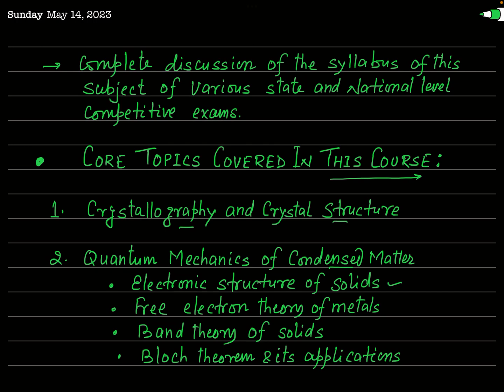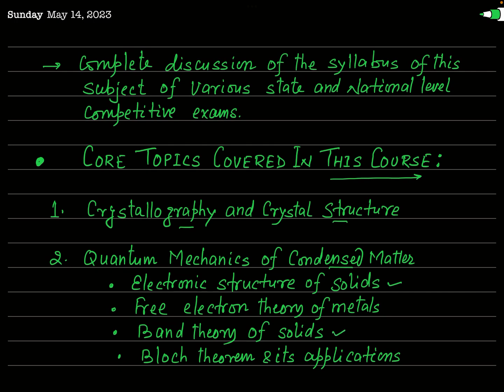This free electron theory of metals has a very important drawback. It is a semi-quantum mechanical theory. After that, we will see the correct theory, which is called the band theory of solids.